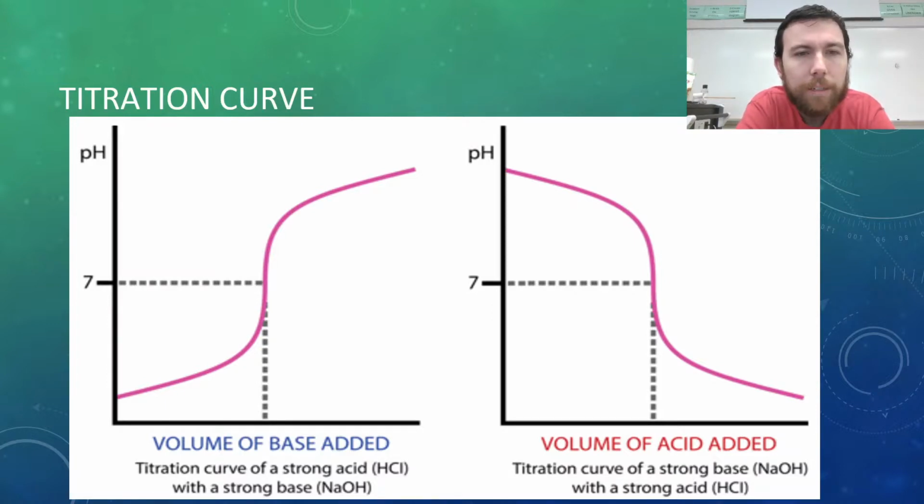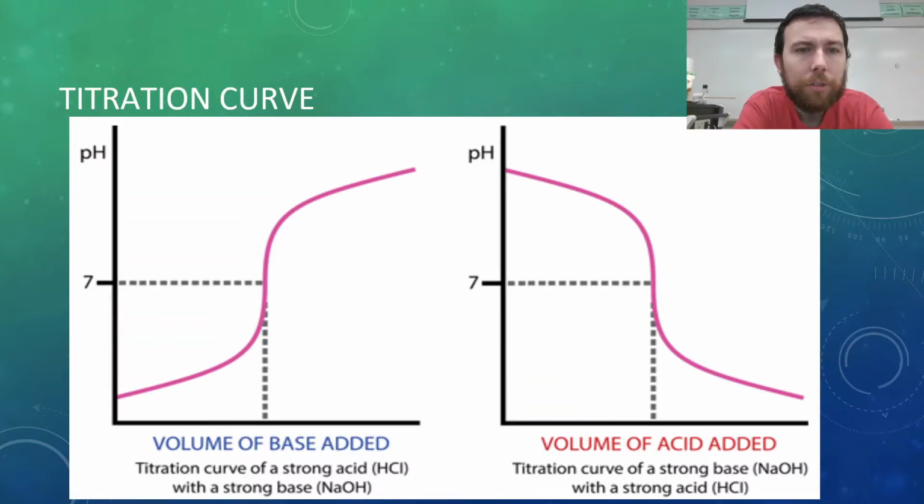Because once we get to the equivalence point, the amount of acid and base that have been added are going to be completely consumed. So at that pH of 7, what we would anticipate seeing is, in this case, all H2O and NaCl, right? That's assuming that we stopped at that particular point.